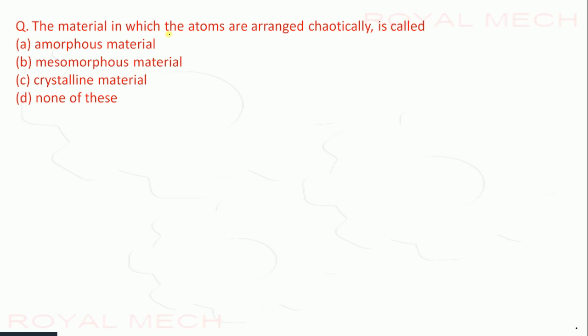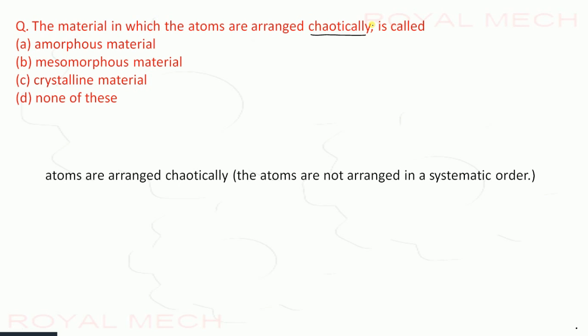The material in which the atoms are arranged chaotically is called: amorphous material, mesomorphous material, crystalline material, none of the above. Here we have to know the meaning of this word. Chaotically means atoms are not arranged in a systematic order.